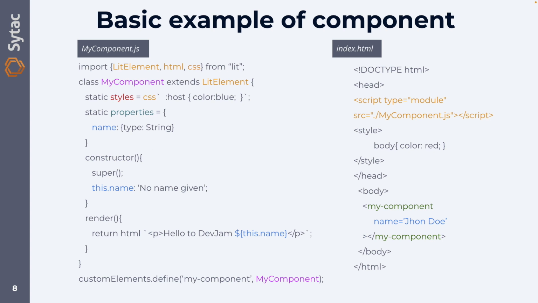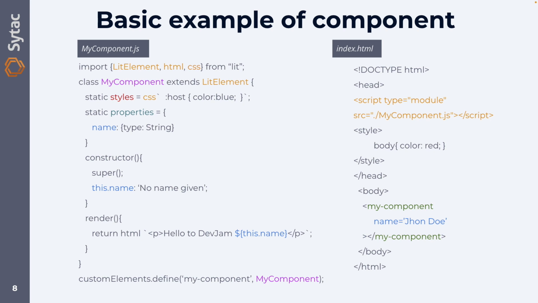And inside that is like when you say body here, this is for the index HTML. It's targeting everything, but this is not going to touch inside of that guy over there. And this host tag is basically the whole component inside the shadow DOM there, right?